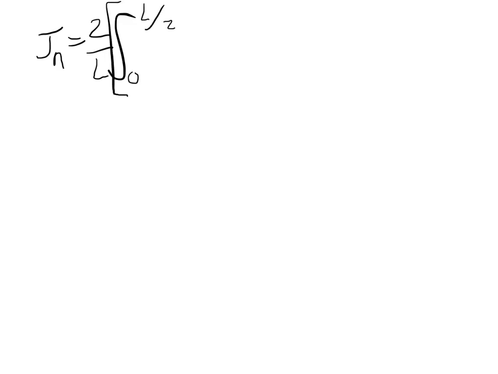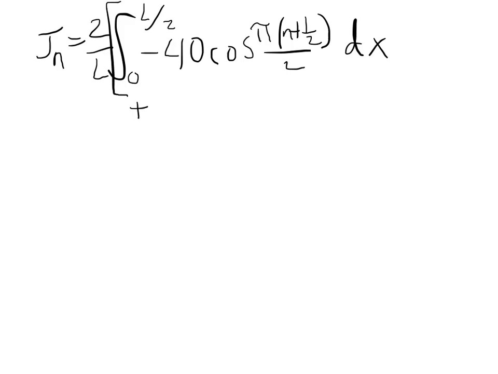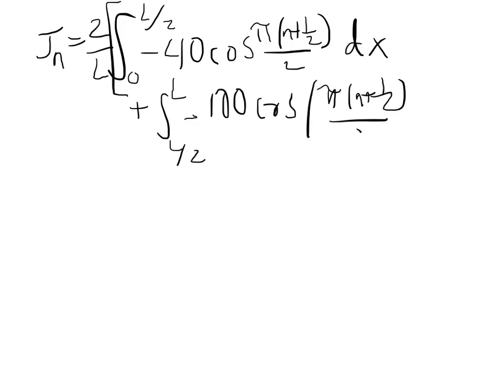So let's make that 0 to L over 2, and we know that from that first interval it's 60, and we're evaluating f of x minus 100, so let's say that's minus 40, because 60 minus 100, times cosine pi (n plus 1/2) over L x dx, and we're going to add to that the integral from L over 2 to L, and remember on that interval f of x is 0, so we're looking at minus 100 cosine of pi (n plus 1/2) over L x.